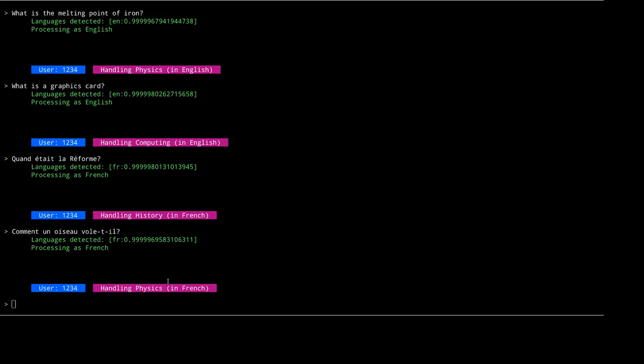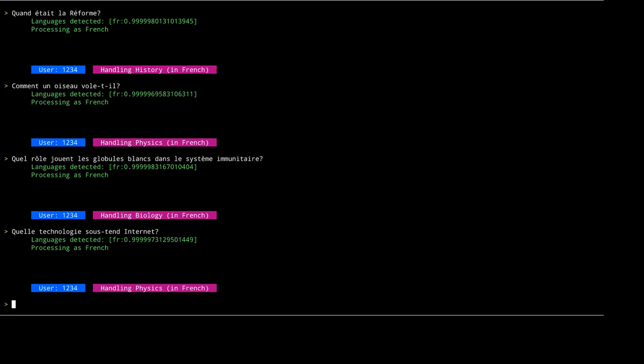This next one is "what's the role of white blood cells in the immune system?" So that's clearly a biology thing, and yes, it's picked up the subject and it knows it's French. There we go. And then "what are the technologies underpinning the internet?"